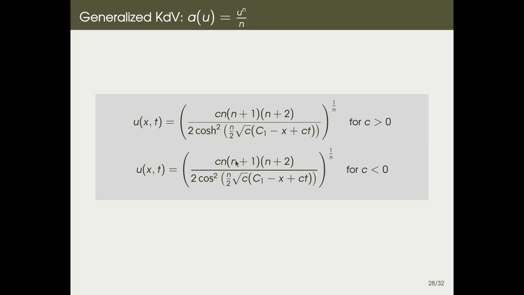We can also consider a equals u to the n over n, and this PDE was originally called generalized KdV, and we have this as a result. We have these two-parameter families of solutions, depending on whether C is positive or negative.